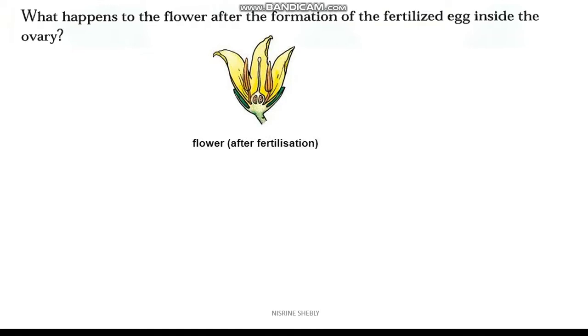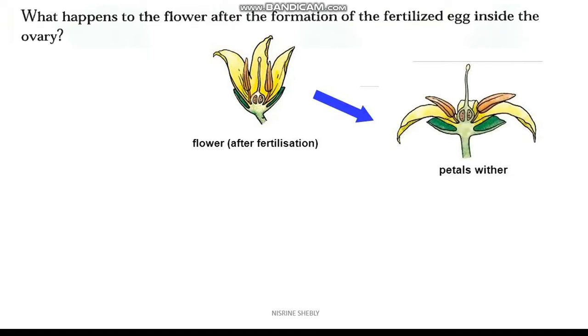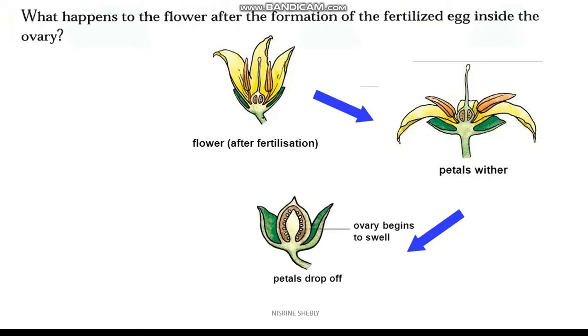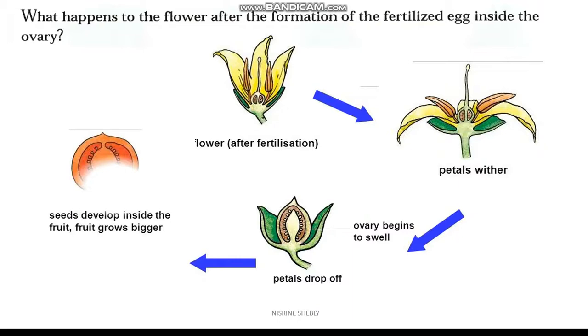Flower after fertilization. Petals wither. Ovary begins to swell. Petals drop off. Seeds develop inside the fruit. Fruit grows bigger.